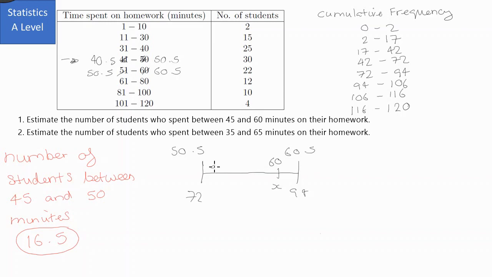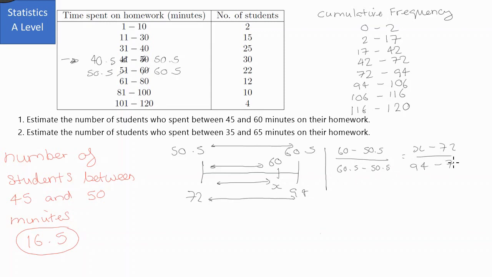So again, we do a small line divide by this big line equals small line divide by that big line. So this small line is going to be 60 subtract 50.5, divided by the big line, which is going to be 60.5 subtract 50.5, and that's going to be equal to this small line, x minus 72, divided by that big line, 94 minus 72.